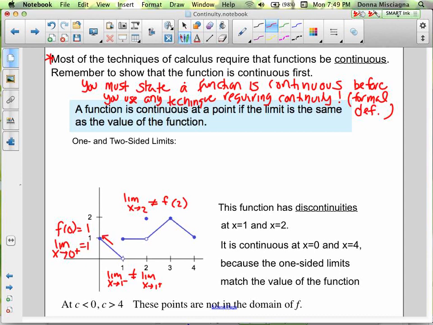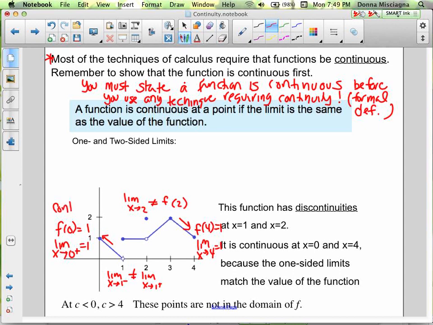So that's a continuous endpoint. We're also continuous at x equals 4 for the same reason. Here, f of 4 is 1, and as we approach from the left-hand side, the limit as x approaches 4 is also 1.